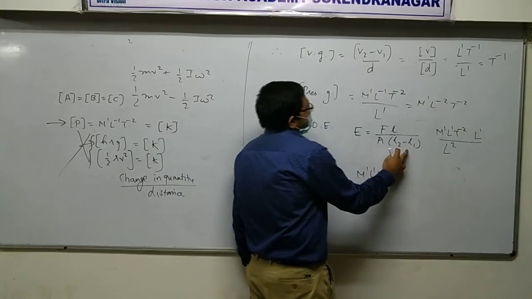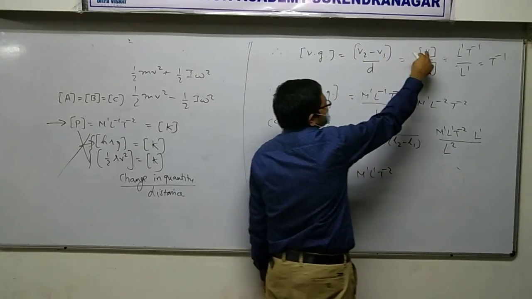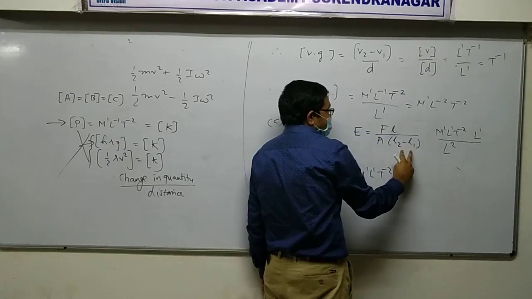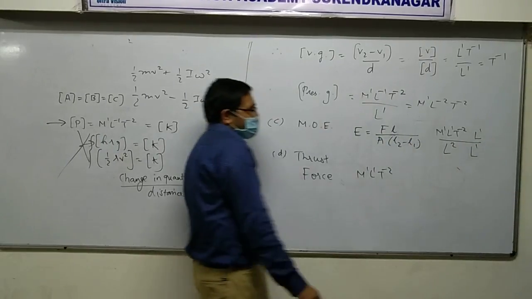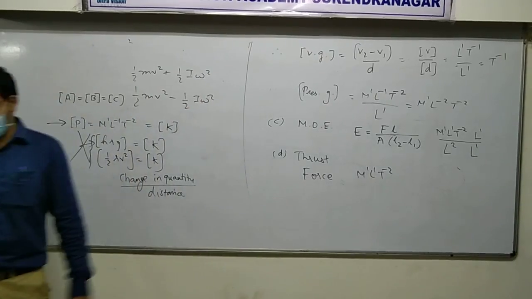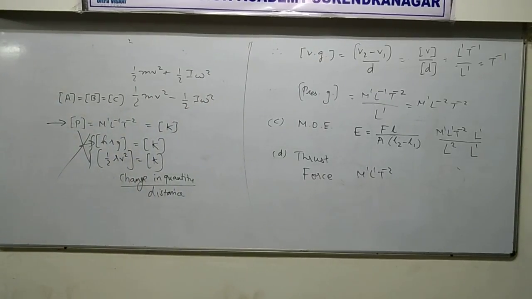L2 minus L1: just like V2 minus V1 has the same dimensions as V, L2 minus L1 will also have the same dimensions as L. Clear or not? So what do we get? M raised to 1, L raised to minus 1, T raised to minus 2. Clear? Does it match with K? Yes. So that's clear. Okay, now you can turn this.